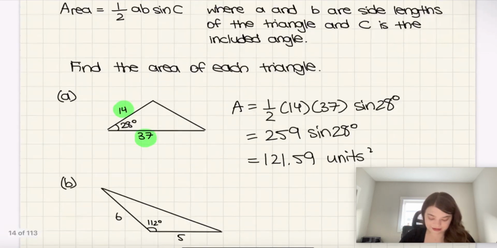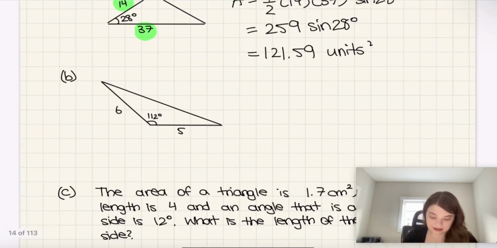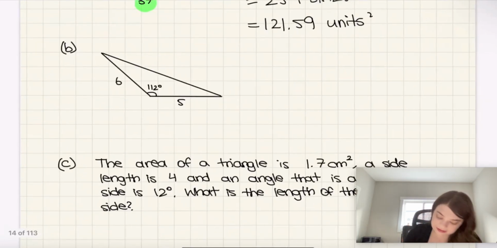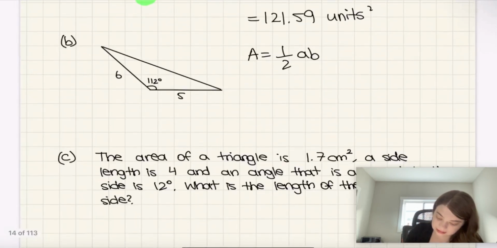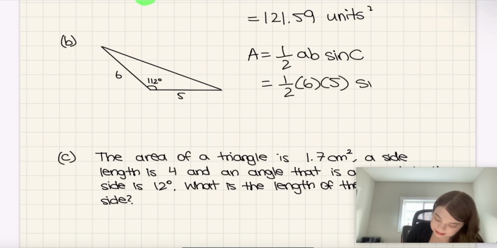Okay, now let's try this next one. Same thing here. The area of this triangle is equal to 1/2 times AB times sine of C. So that's going to be 1/2 times 6 times 5 times sine of 112, which is equal to 15 sine 112.